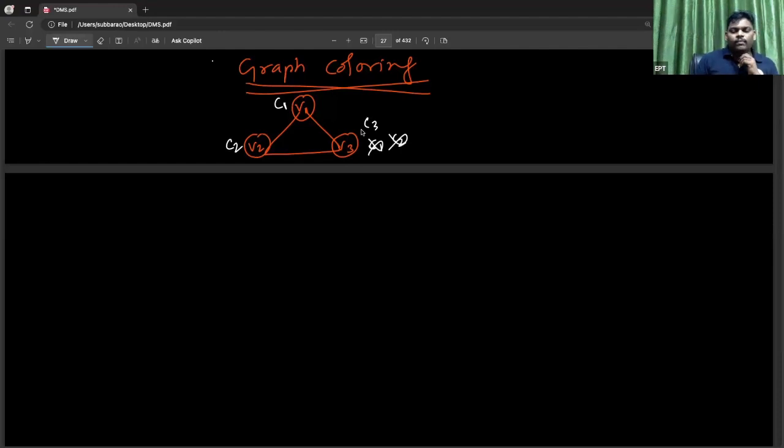Okay, fine. Listen everyone now. In the given graph, no two adjacent vertices contain the same color. If you can do like that, that is called graph coloring. Can you write the definition first?